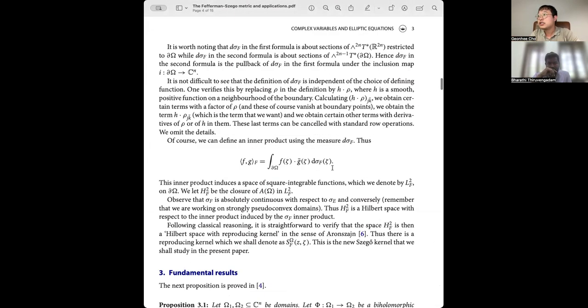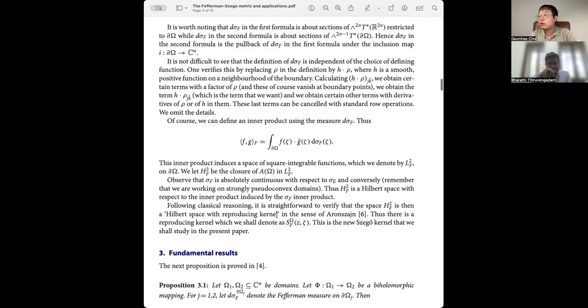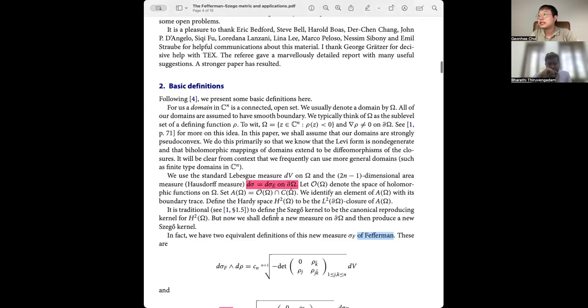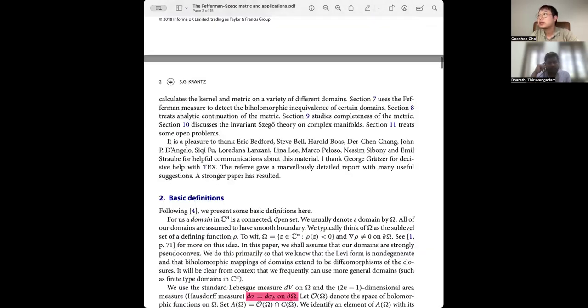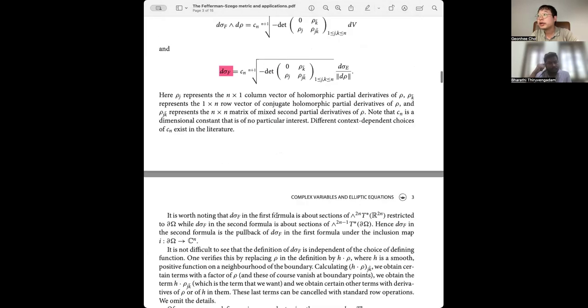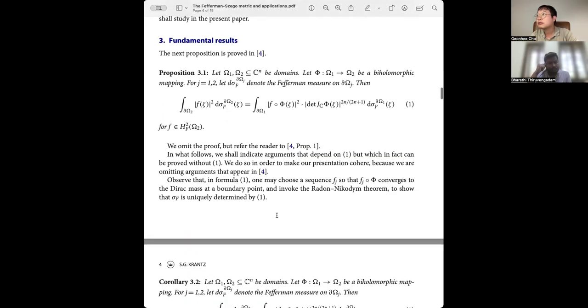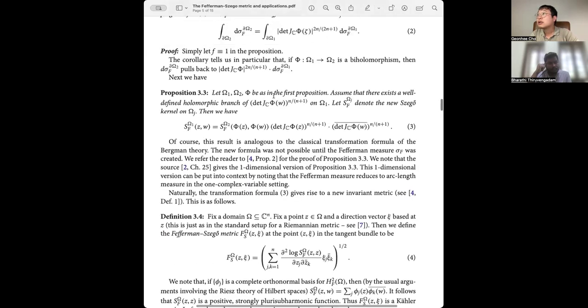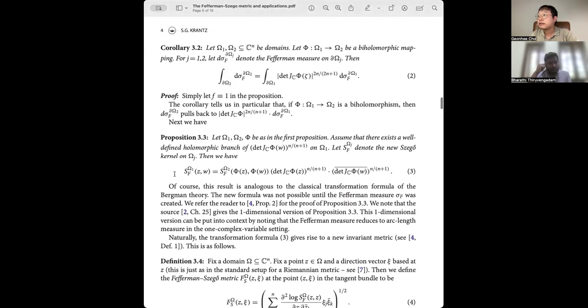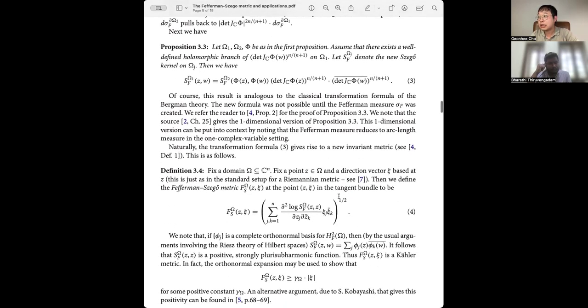Once one defines the Szegő kernel in a very similar way, there is a corresponding Szegő metric, but this is not the Bergman kernel and the Bergman metric.